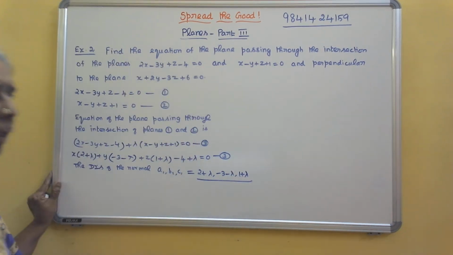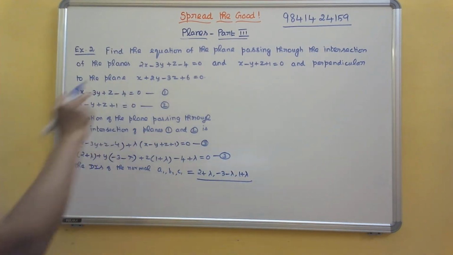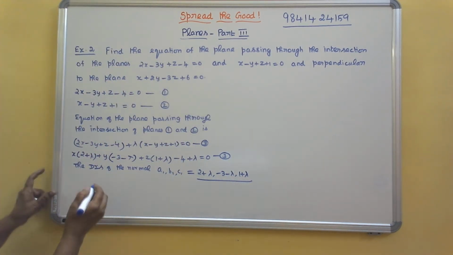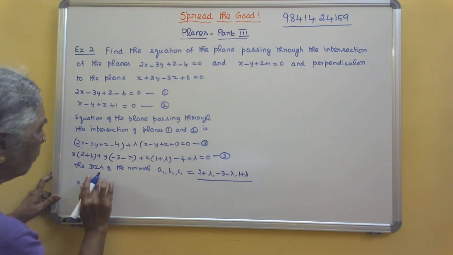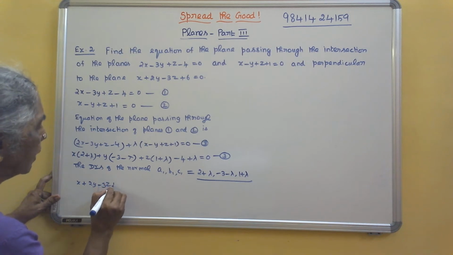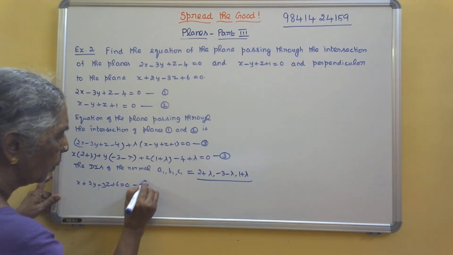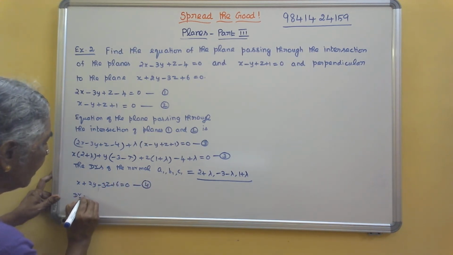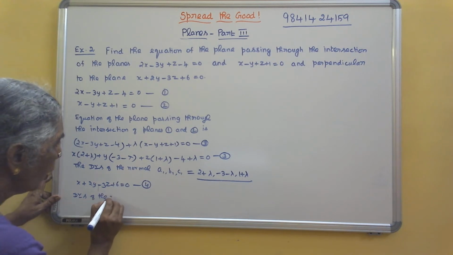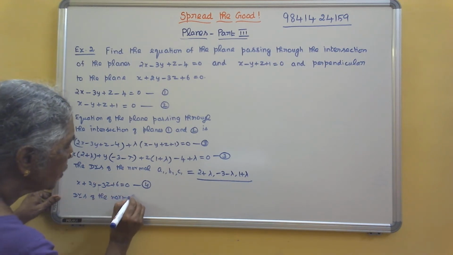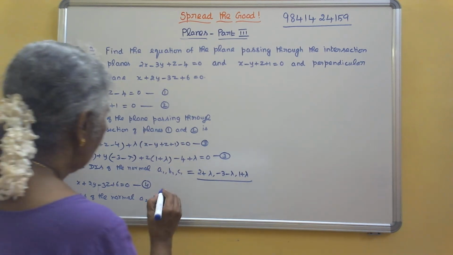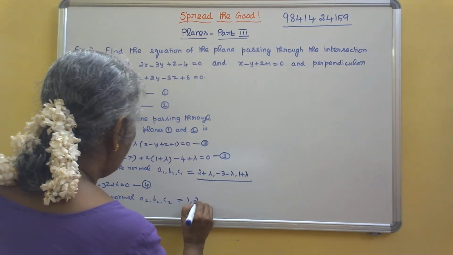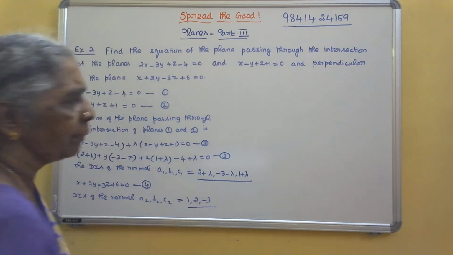Now let us write the perpendicular plane, that is x plus 2y minus 3z plus 6 is equal to 0. Now the DRs of the normal to this plane, let us take them as a2, b2, c2. That will be 1, 2, minus 3.